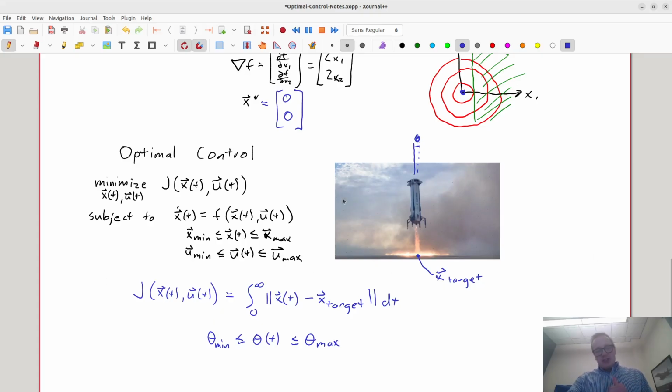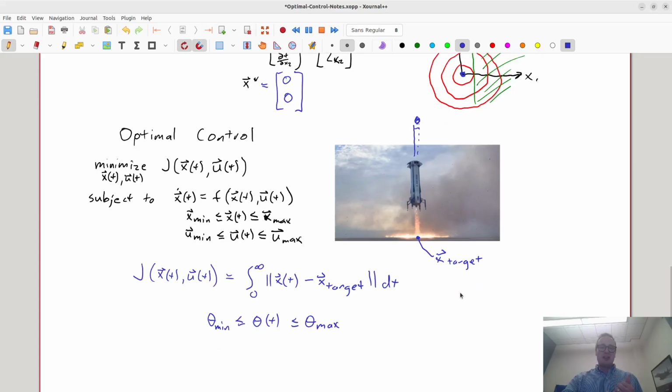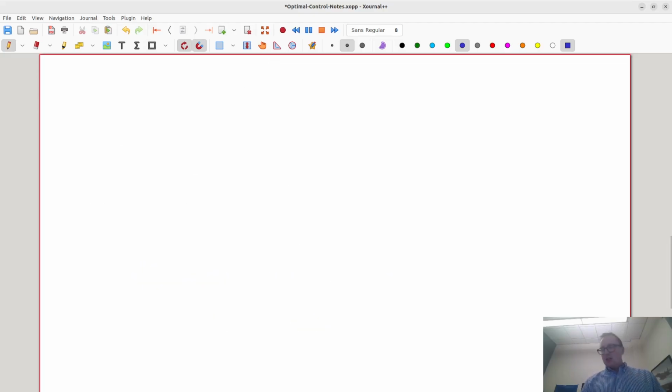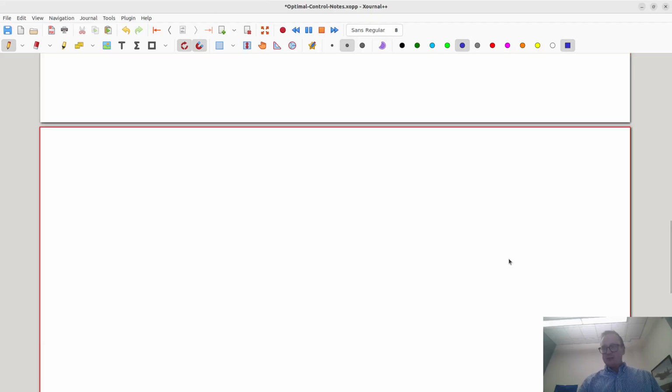Okay, so dealing with this full problem is very difficult, and there are entire graduate level courses on this that you should take eventually. Today, we're just going to focus on one simple problem, which is essentially the connection between linear control and optimal control. So this problem is called the LQR problem, or linear quadratic regulator.